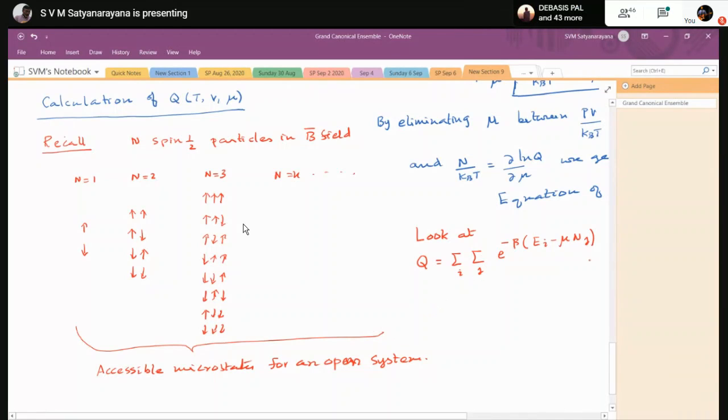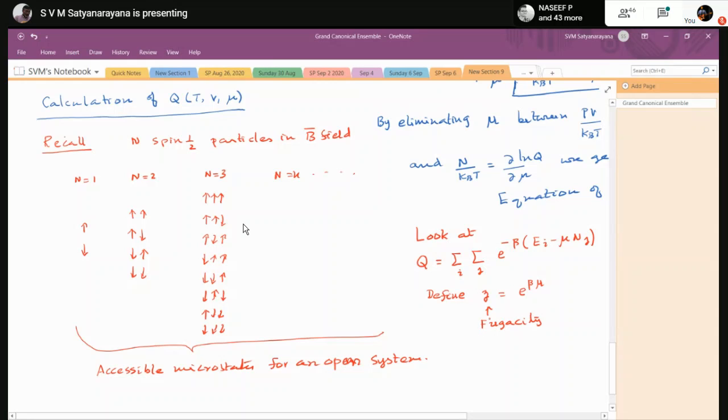I can do one summation and leave the other summation intact, that is the summation over j, which is over the possible number of particles of all the microstates. So I can define a quantity, small z, which is equal to e to the power beta mu. This quantity has a name: it is called fugacity.